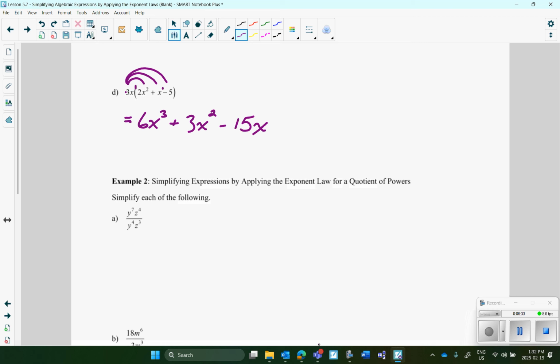Can I combine any of these? Do they have like terms? Do they have the exact same variables and the exact same exponents? No, so I can't add or subtract them together. I could multiply them by each other, but I can't add or subtract them. So that's as far as I can go.